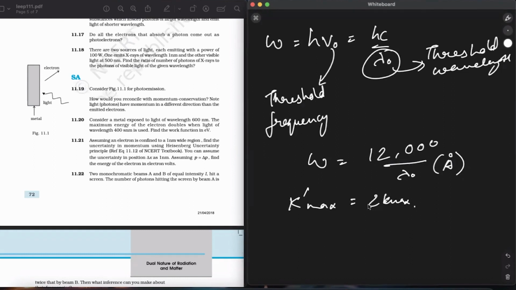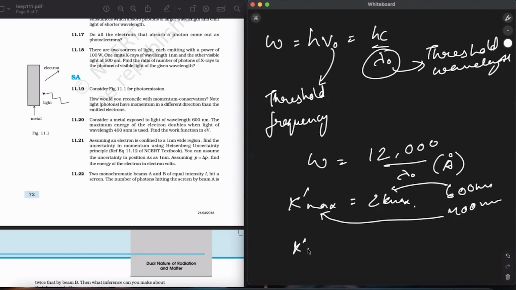According to the problem, the first condition was when lambda was equal to 600 nanometers. For the second condition, the wavelength was 400 nanometers. So 600 nanometers and 400 nanometers are the two conditions that have been given to us, and also the maximum kinetic energy for the second condition. This is for the first condition.